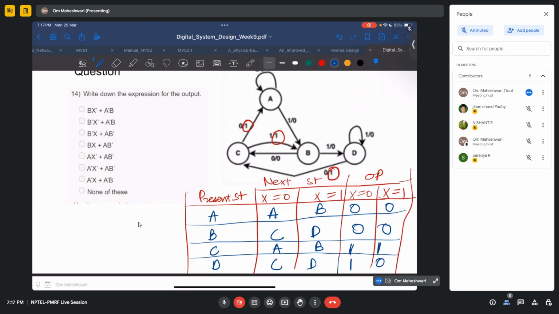So we have to write the output, right? Do not look at this, maybe should hide this. इसको नहीं देखना.